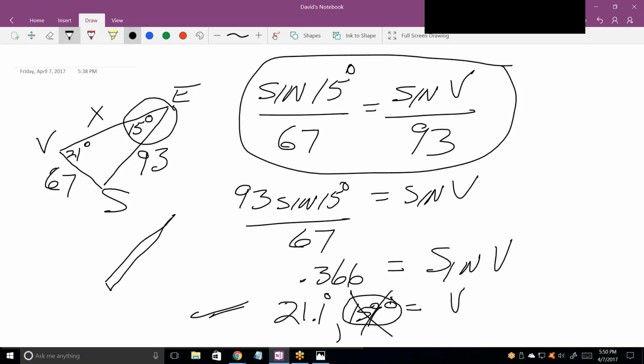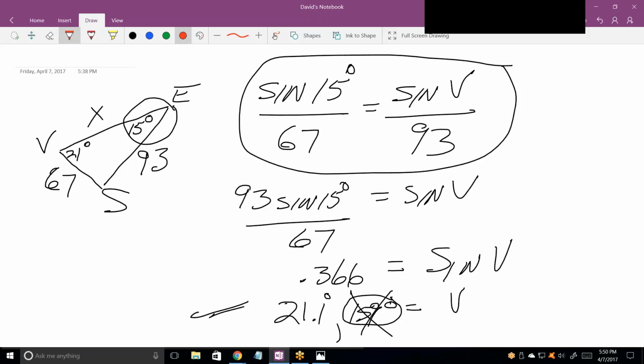Now hold on a second. Let me look at this. Yeah, that's not right. I'm not sure what's going on here, but let me think for a second. So V can be 21 degrees or it can be 159 degrees.